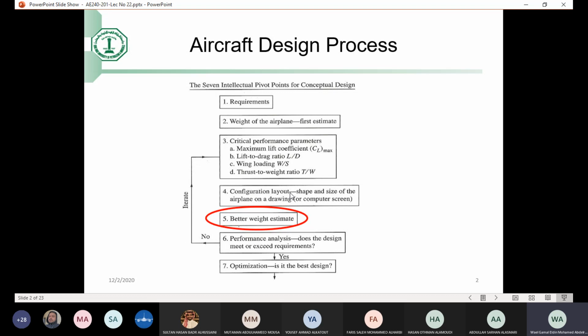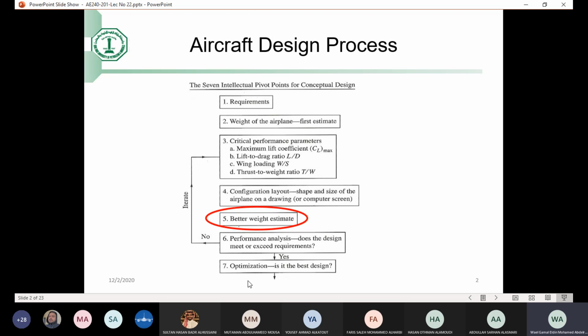When I check the weight again, it will be lighter because the weight of the engine is smaller and the landing gear is smaller and so on. I will check the performance again. Are they satisfied or did I miss the whole thing? Maybe one final iteration and I will have the final design. I can put final touches afterwards.